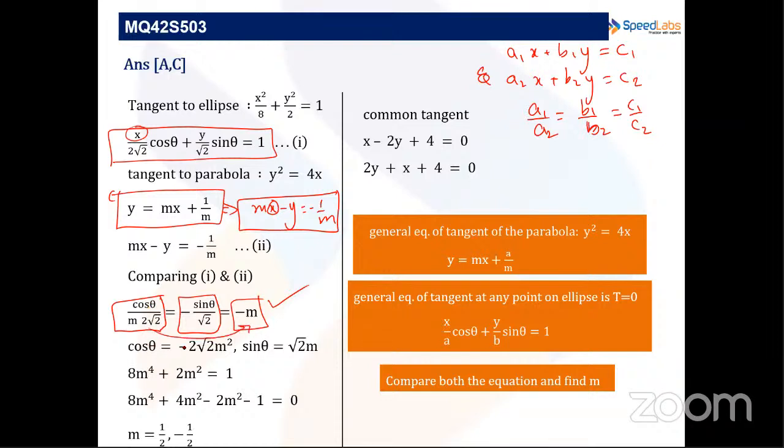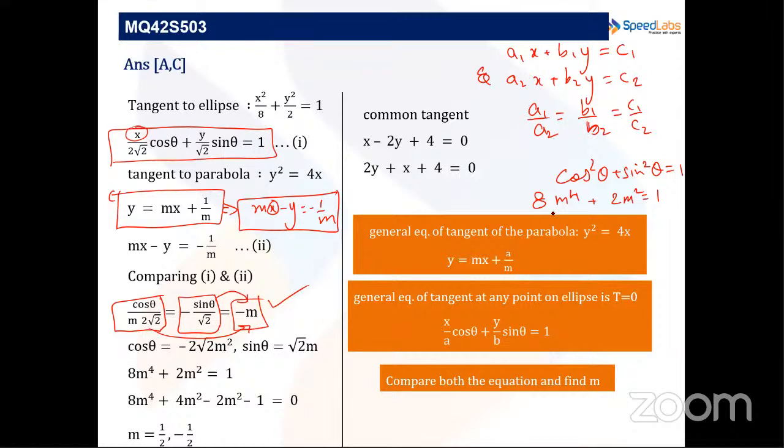So cos theta will be equal to minus 2 root 2 upon m, and sin theta will be equal to root 2 upon m. Since cos square theta plus sin square theta equals 1, substituting the values of cos theta and sin theta here, we get a biquadratic in m. So our equation will be 8m to the power 4 plus 2m square equals 1.